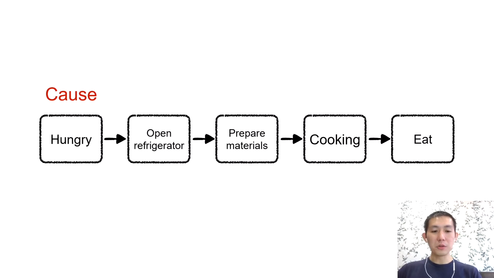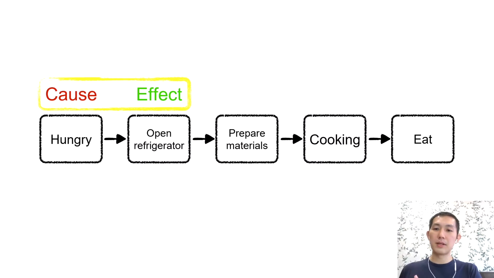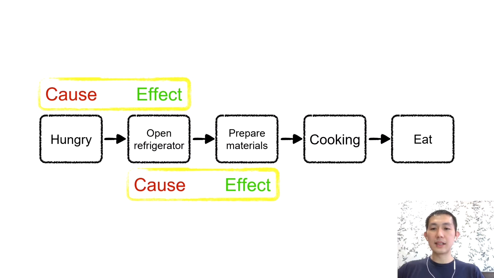What we're going to do next is get up from your chair or your bed, walk towards your refrigerator, open it, and look at what materials you want to prepare. So here we can see that at the initial step, you already have a simple cause and effect relationship. And what happened next is that you are preparing material because you have opened the fridge, right?